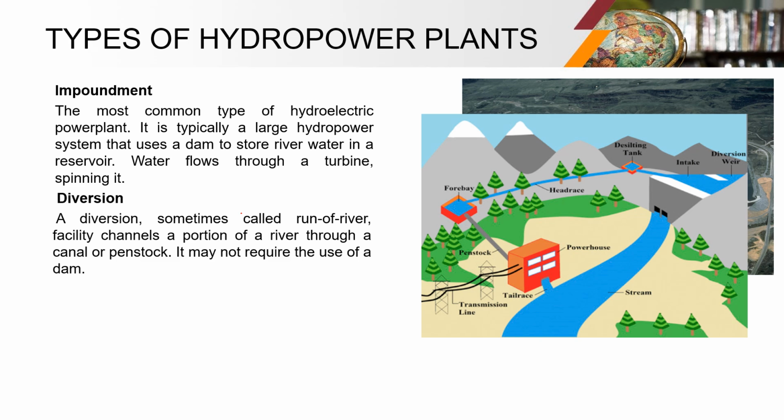So kung mapapansin nyo dun sa figure natin, nandito yung diversion natin sa isang river, then yung flow ng water na yon yung gagamitin nila, and yun yung kukunan natin ng energy ng turbine that will produce electricity. So, wala na silang kailangang dam. Okay? Kasi yung flow energy natin is natural from the river because a river is a flowing body of water.